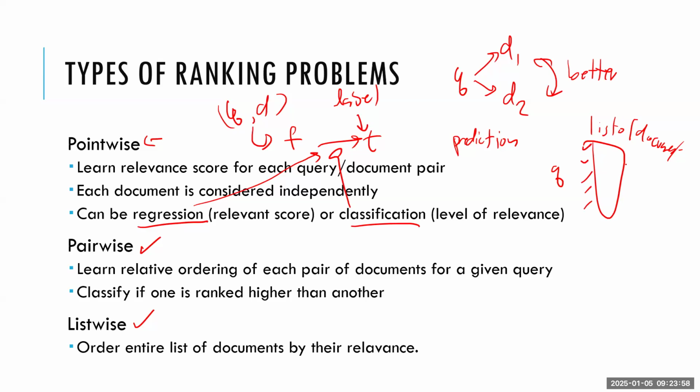In most cases, you can think of listwise as many pointwise. If you can learn the score for each query-document pair, you can predict for the entire list in your database, and then you can sort it by the relevance score from your prediction. So that is one way that you can use pointwise for listwise.